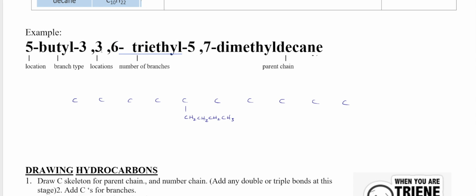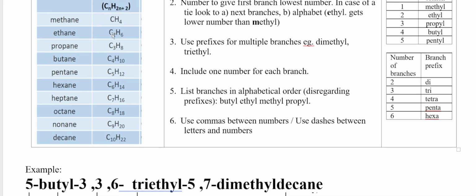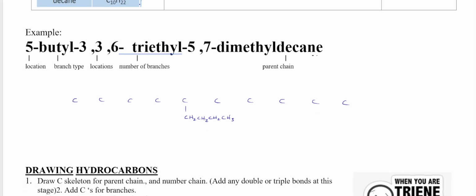Okay, 3,3,6 triethyl. So triethyl means I have 3 ethyl groups, and they're located on the 3rd, the 3rd, and the 6th carbon. So an ethyl means 2 carbons. The prefix is eth for 2 carbons. Okay, so on my 3rd carbon, I have CH2, CH3.